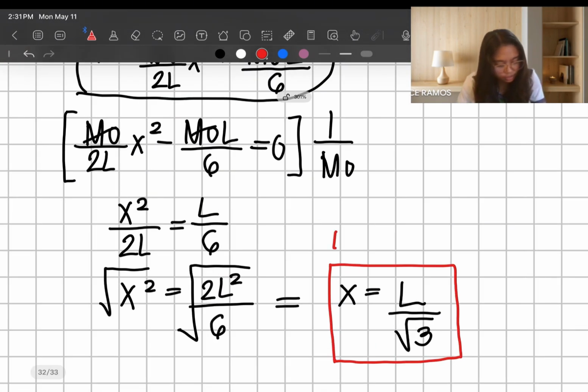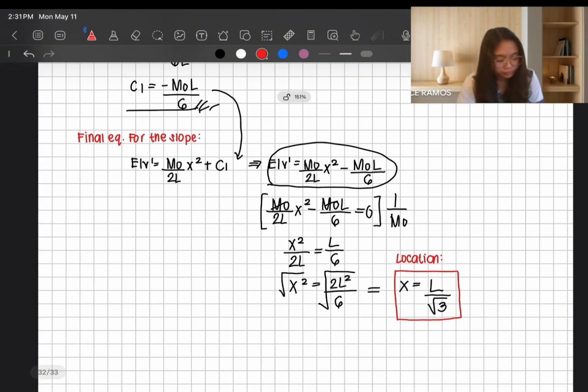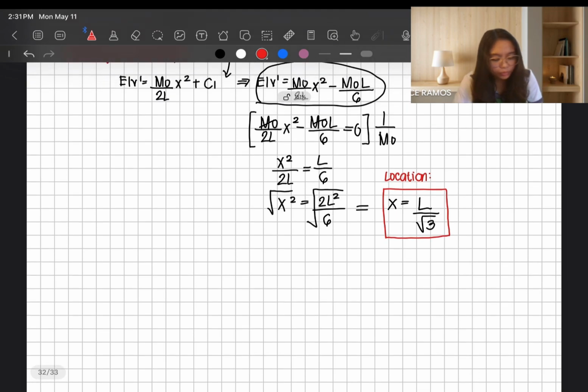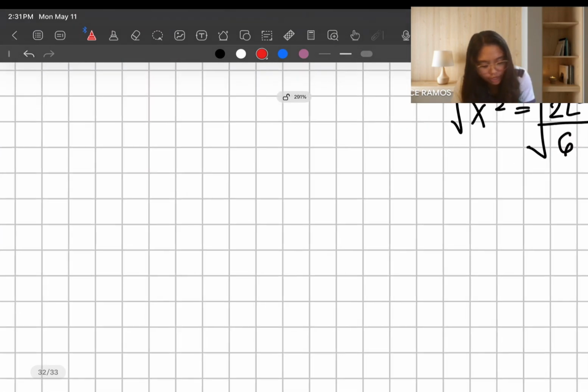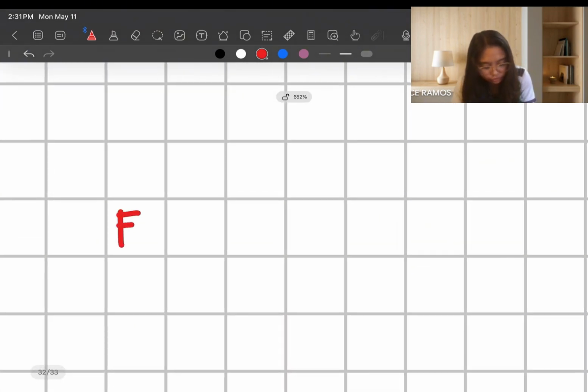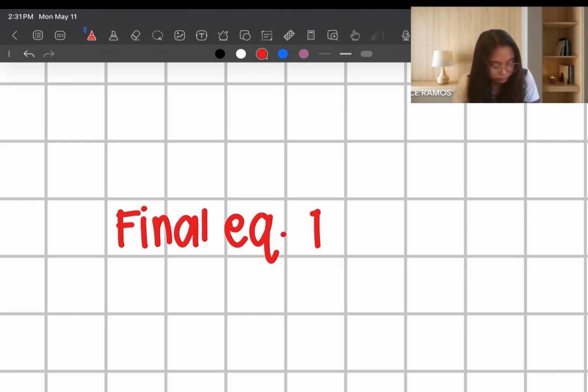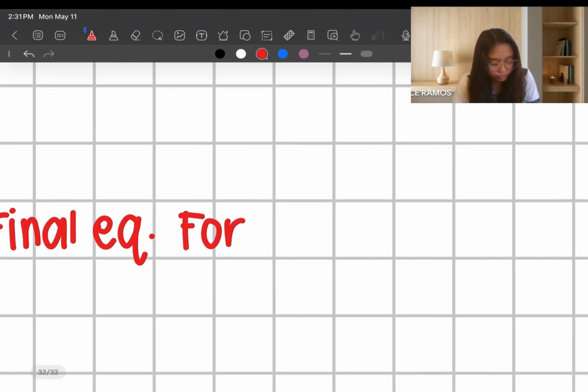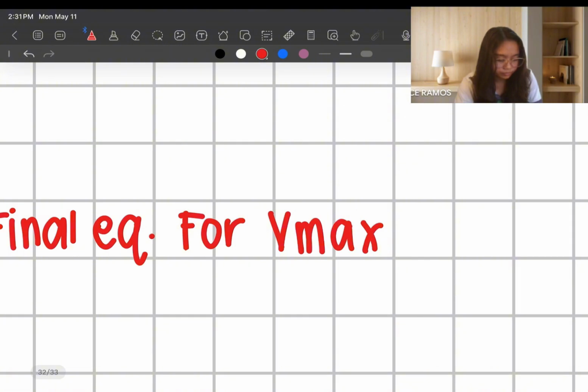So, x, this is the location. Now, we will proceed to the final equation for the maximum deflection.